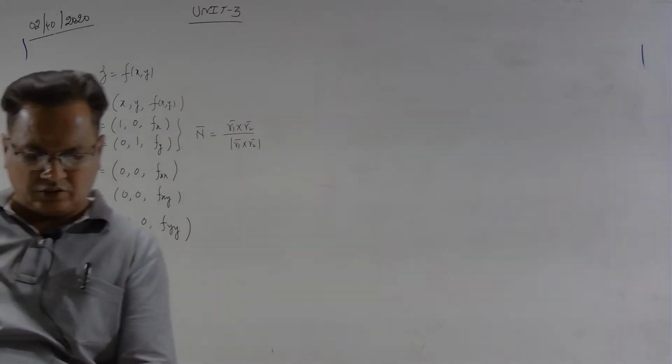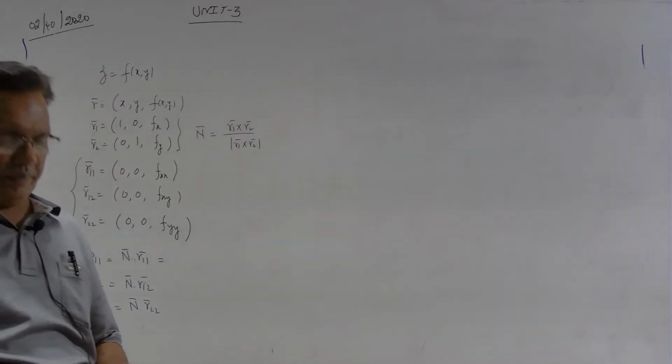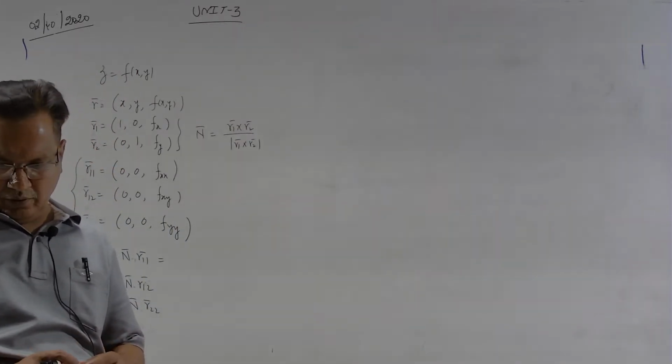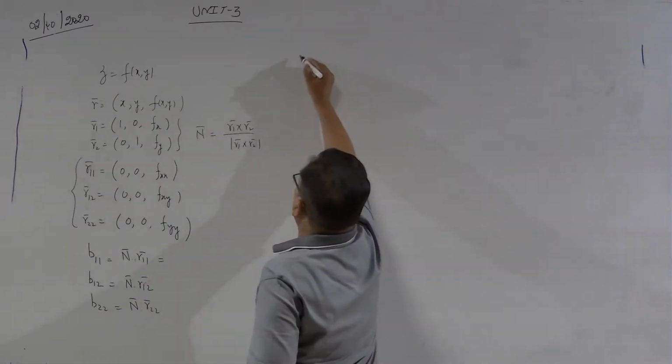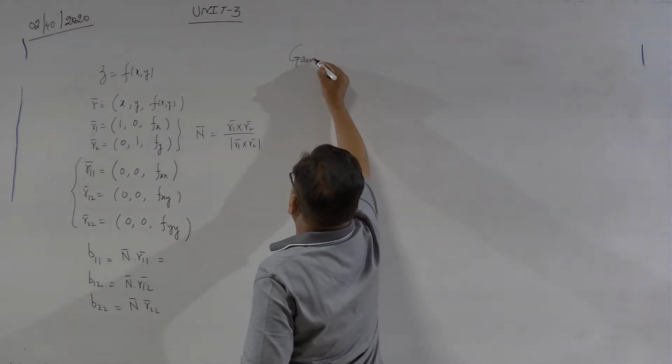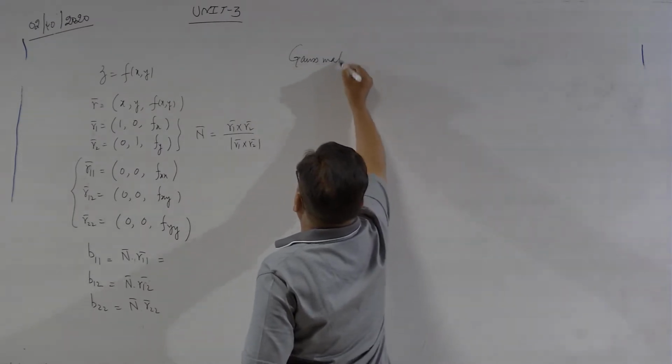So, the next topic is the Gauss map and Gaussian curvature. Okay. So, the Gauss map of a surface.